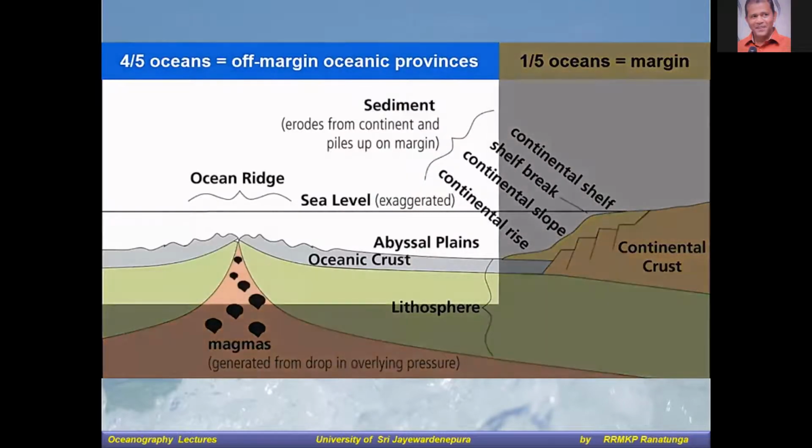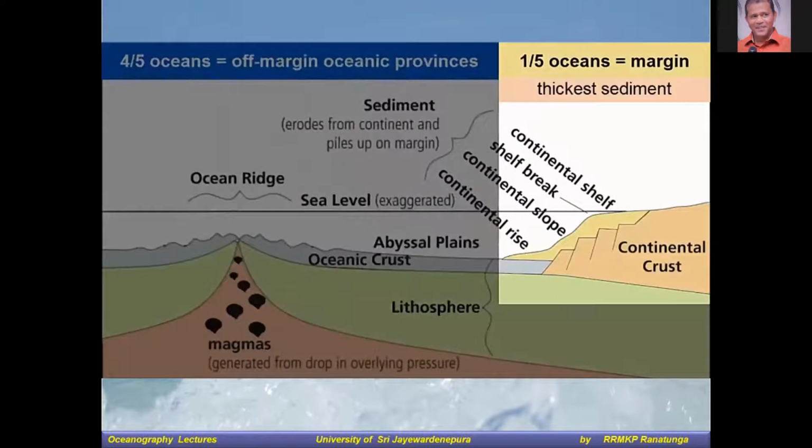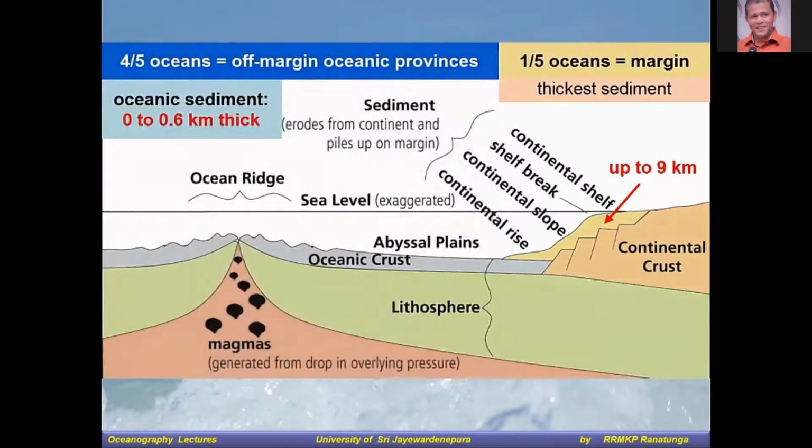The oceanic zone represents 4/5 of the world's ocean environments. However, the sediment that collects in the margin environment is the thickest in the world, up to 9 kilometers thick, compared with the oceanic sediment thickness, which increases from 0 at the ridges to 0.6 kilometers at the thickest, oldest edges of the abyssal plains.